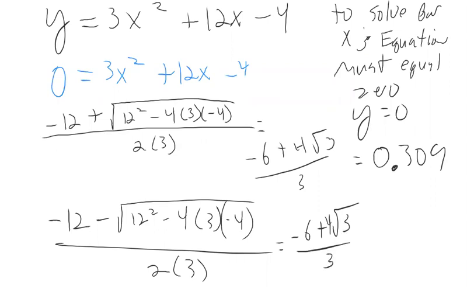No, I didn't get the same answer. That must have been a positive in the last one because I got a positive answer. There we go. Equals a negative 4.309. So let me go back and make sure I didn't mess up my plus answer here. Oh, that is my plus answer. What did I do wrong?